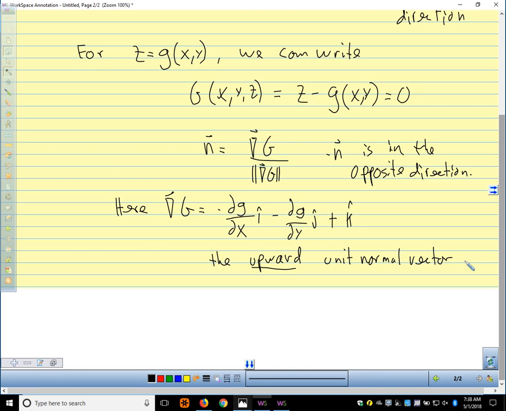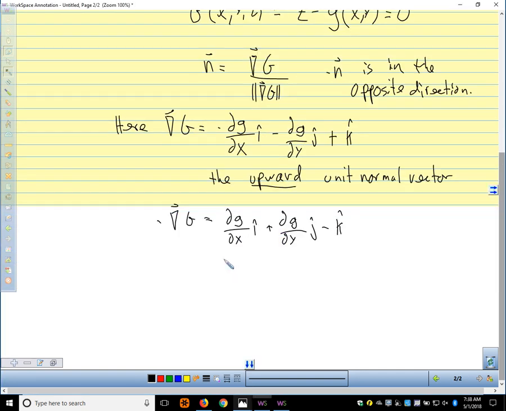So the z component of this normal vector is pointing up. And negative del G, we just change the signs. Minus k hat is the downward unit normal vector, and that k hat is negative, pointing down.